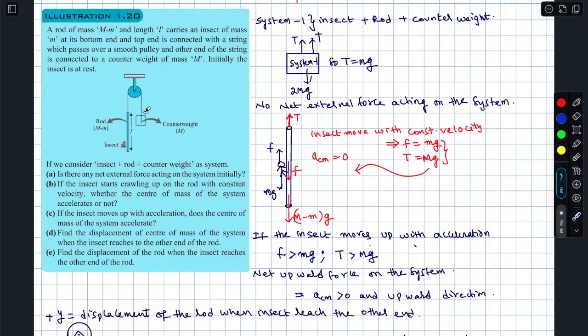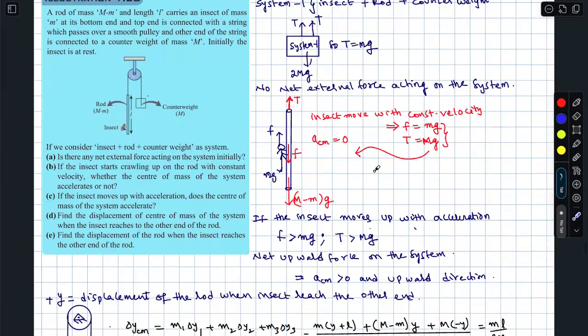Here also tension is equal to mg. System is at rest. So as long as the insect is constantly moving up with constant velocity, again, I can say acceleration of center of mass is 0, because there is no net external force acting on the system.